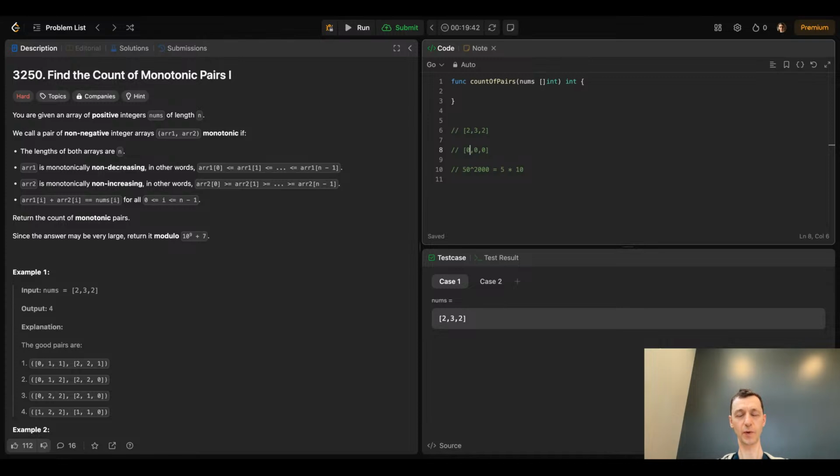So we could start with 0, 0, 0, and see if the pair is going to be non-decreasing, and we can try and see if the pair is going to be non-increasing.